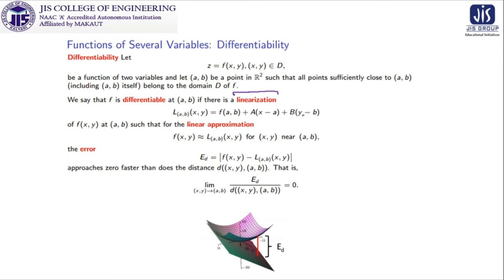Think about one fact. If x is equal to a and y is equal to b, what you get as L(a,b) is equal to f(a,b), which is exactly the same as the function value.